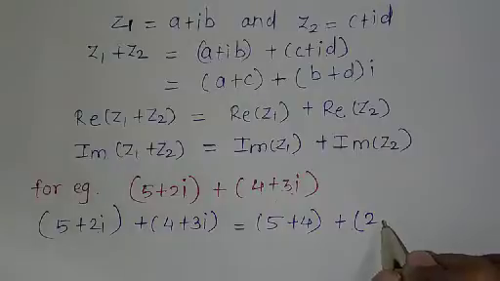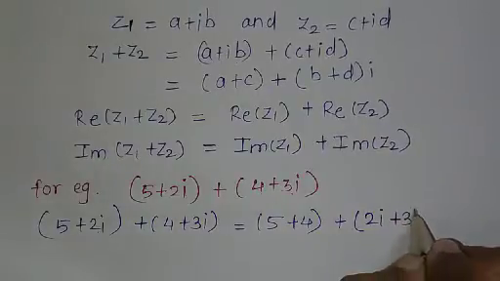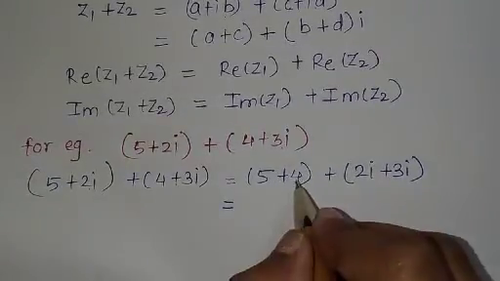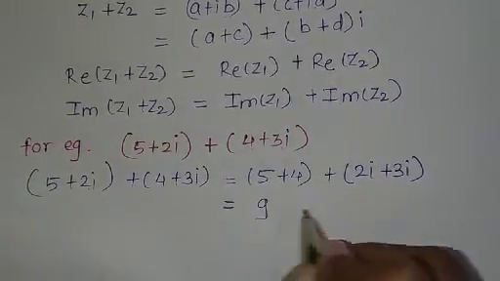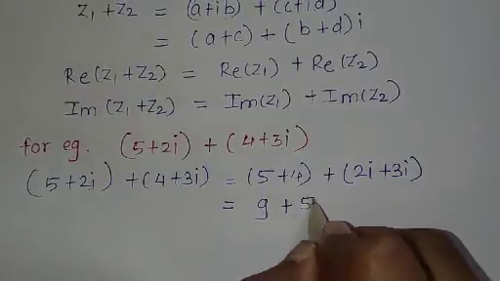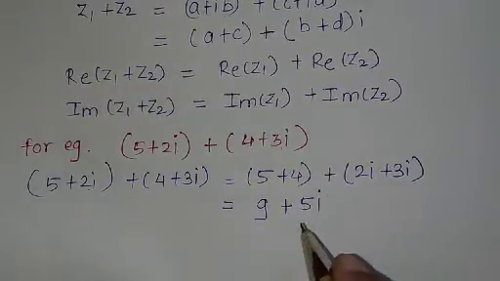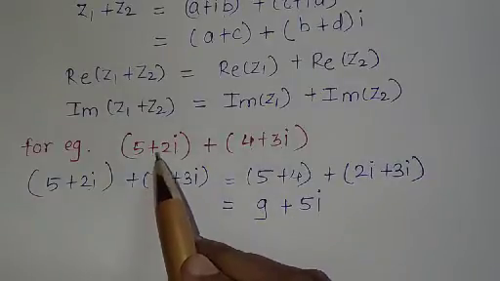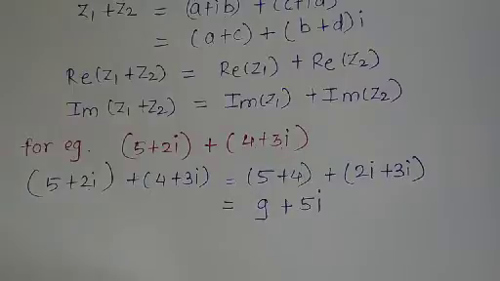This is simply 5 plus 4 is equal to 9 plus 2i plus 3i is nothing but 5i. This is your answer for the addition of these two complex numbers.